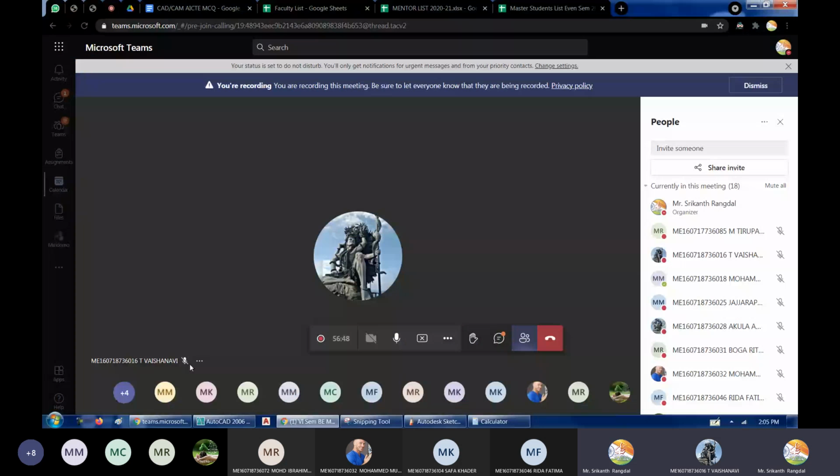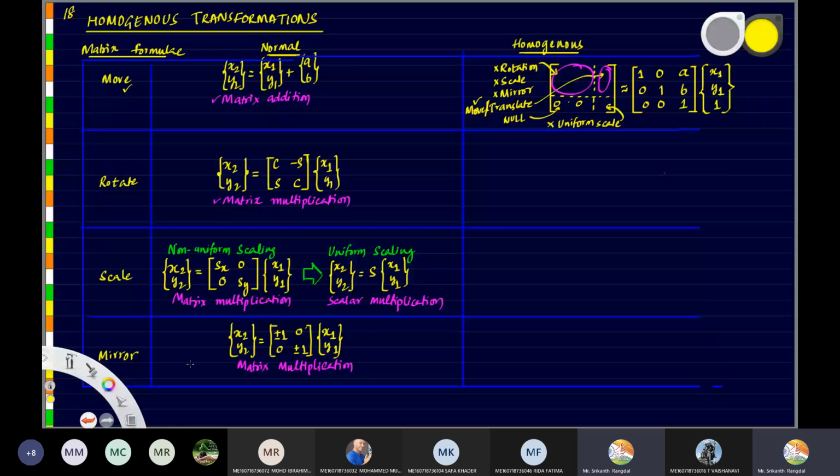Yes, ma'am? Homogeneous is more complicated, right? Then why are we going for complicated? What is the advantage with this? This is more complicated. This is much more simple. Then why are we going for this complicated method? The reason you will come to understand when we write homogeneous matrices for all these transformations.